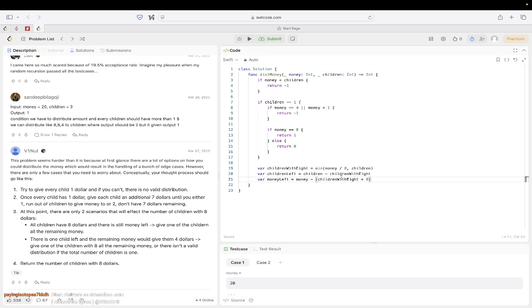So we want to check. Okay, so we need to loop through our children of 8 while that is greater than or equal to 0. We also need to do this check.